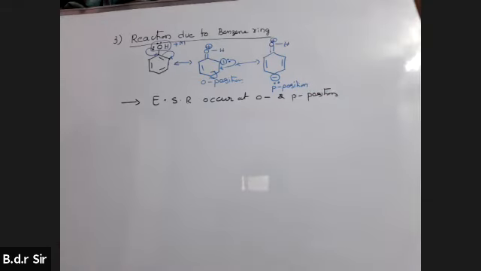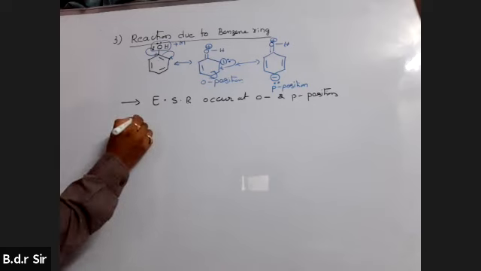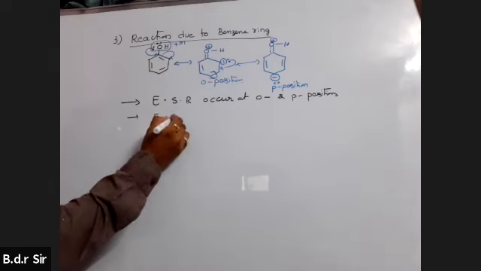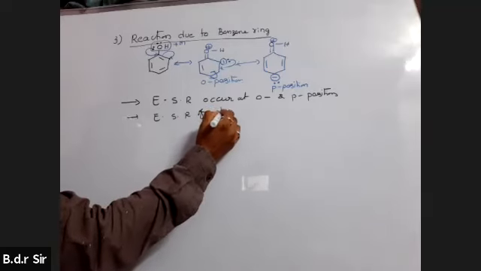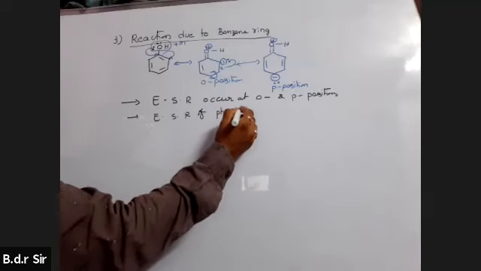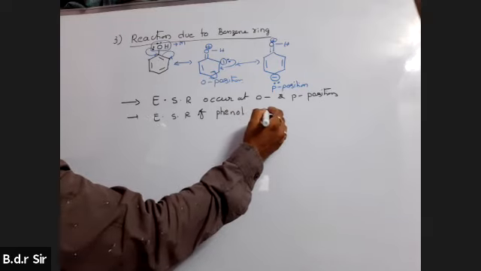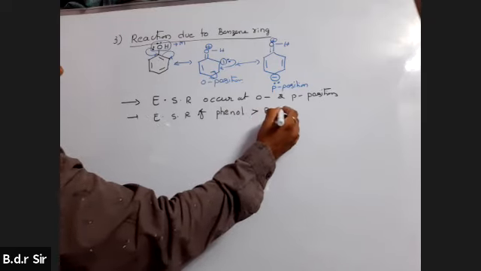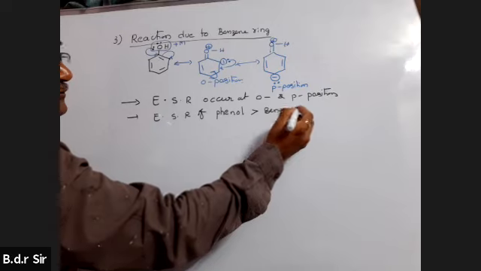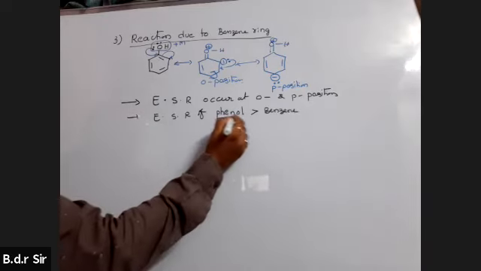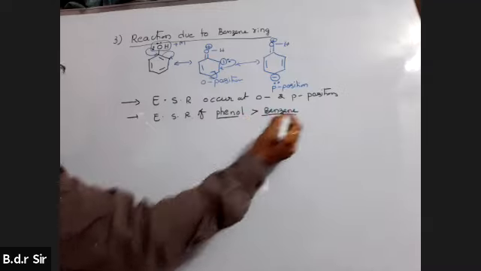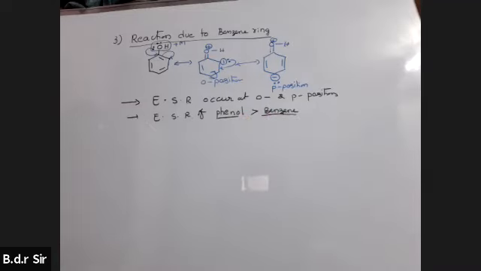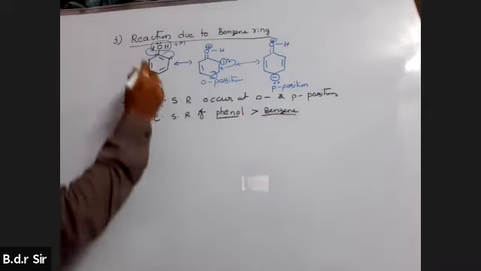Okay, next another one. The electrophilic substitution reaction of phenol is greater than that of benzene. Why does phenol have a higher electrophilic substitution reactivity than benzene? What is the difference between benzene and phenol?